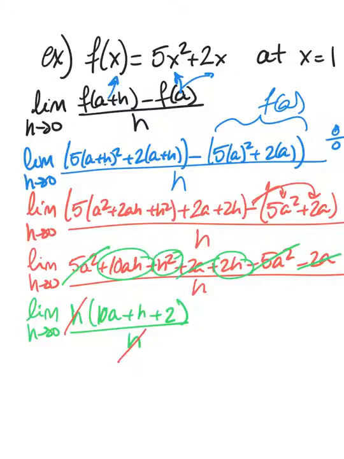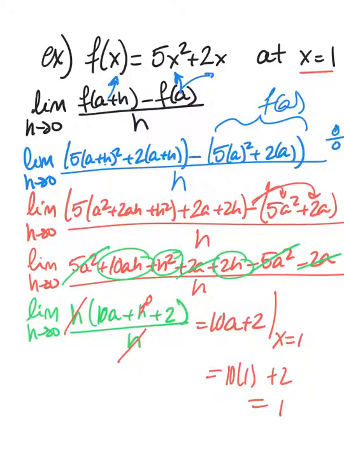Limit as h approaches 0, so this h becomes 0, so what's left is just 10a plus 2 at x equals 1. Now I'm bringing that in all the way from the end. So that becomes 10 times 1 plus 2, which is 12. So my slope is 12.